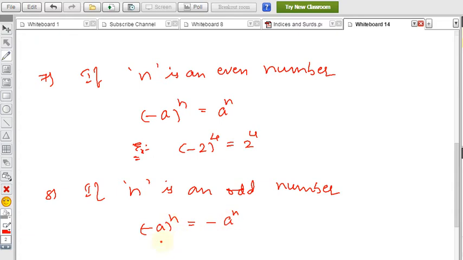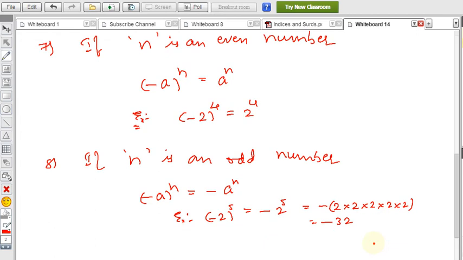Say -2 for example, (-2)^5. So this is -2^5. 2^5 is 2 into 2, 5 times: 2, 4, 8, 16 and 32. So -32. (-2)^5 is -32.